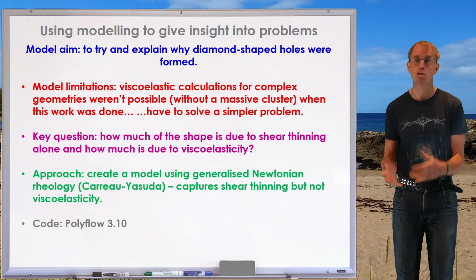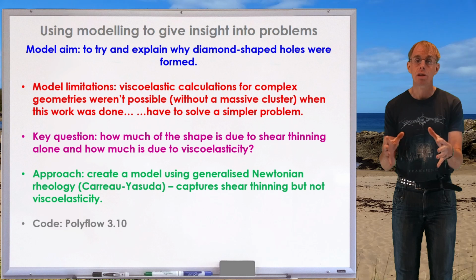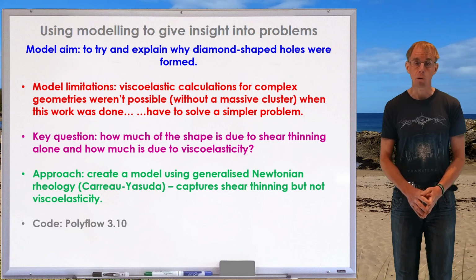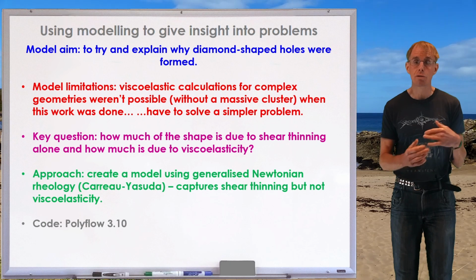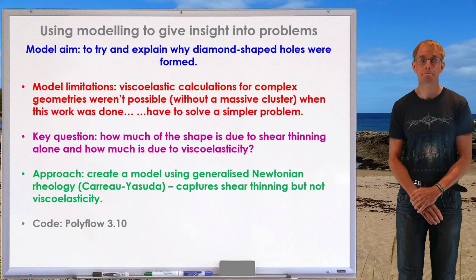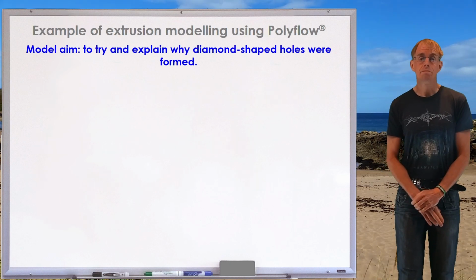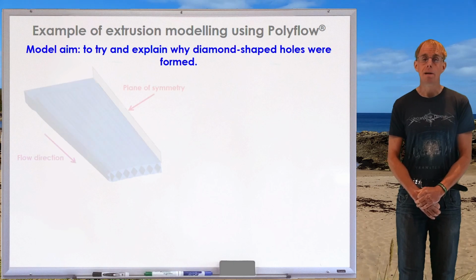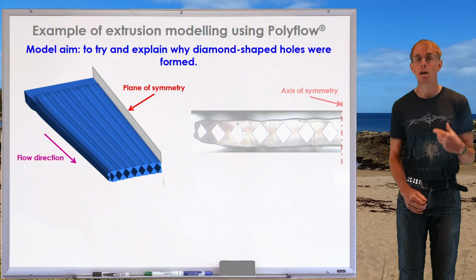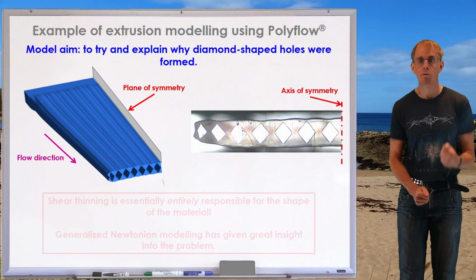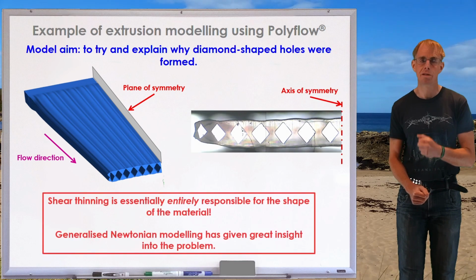So what happens to that stress? Therefore, how does the material respond? And also, with shear thinning, how does the flow distribute in a complex die? So, the model we made, cutting a long story short, enabled a visual representation of the deformation of the material.